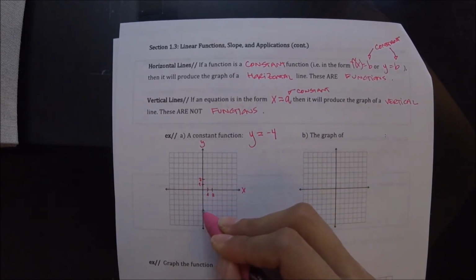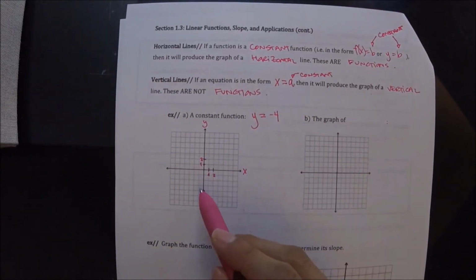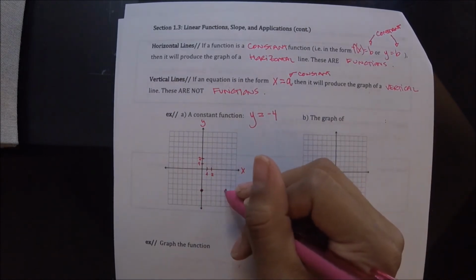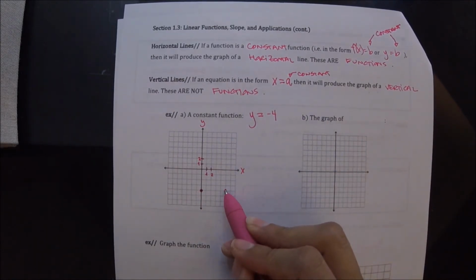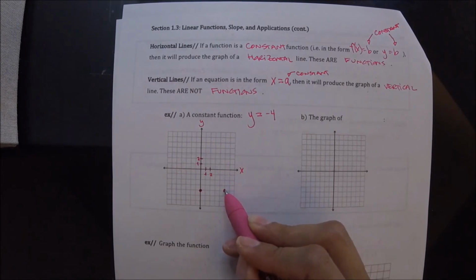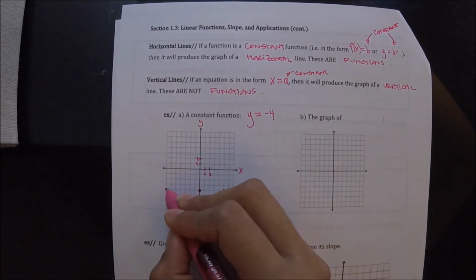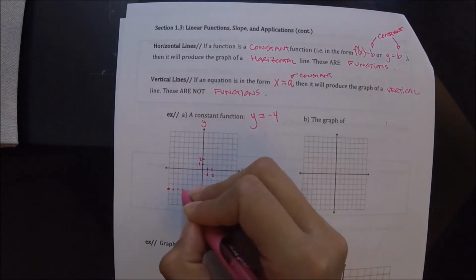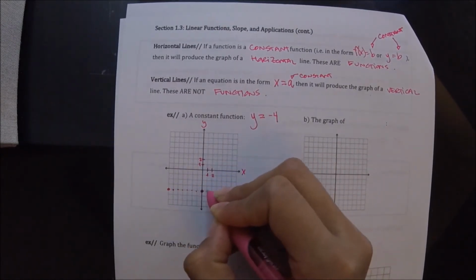So here's -4. At this point, the y value is -4. Even at this point, the y value is -4. Over here, the y value is -4. And here, and here, and here.